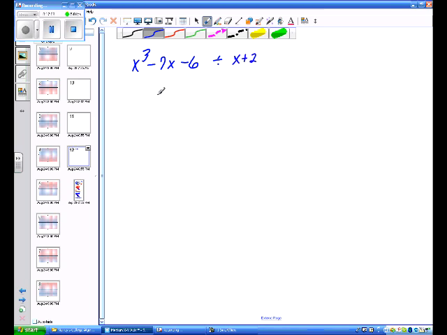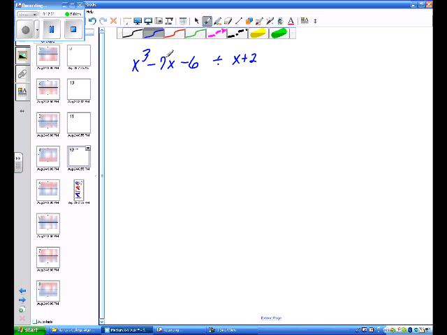What we're going to do differently is, instead of writing a dividend and a divisor, we're going to do it a little bit differently. All we're going to do is write down the coefficients. We'll also do this one by long division, just so you can see how you get the same answer.